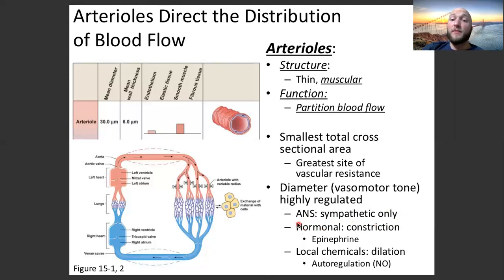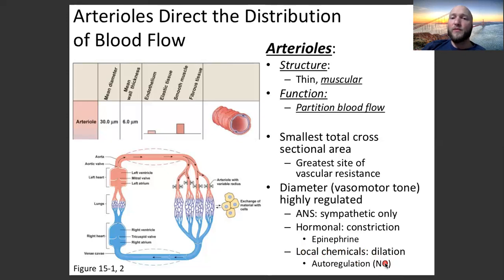They're also affected by hormones. Epinephrine causes constriction of arterioles. Local chemicals are usually byproducts of metabolism: carbon dioxide, lactic acid, nitric oxide.